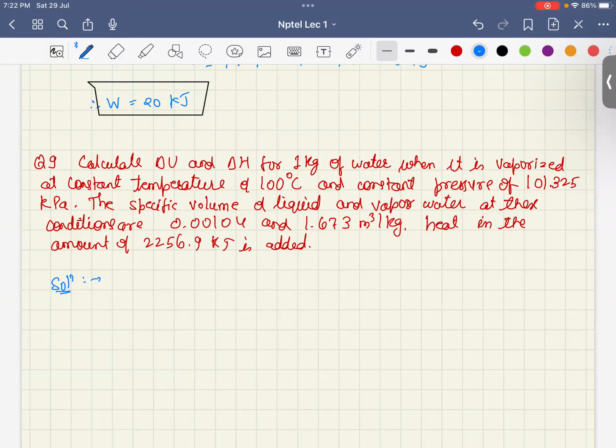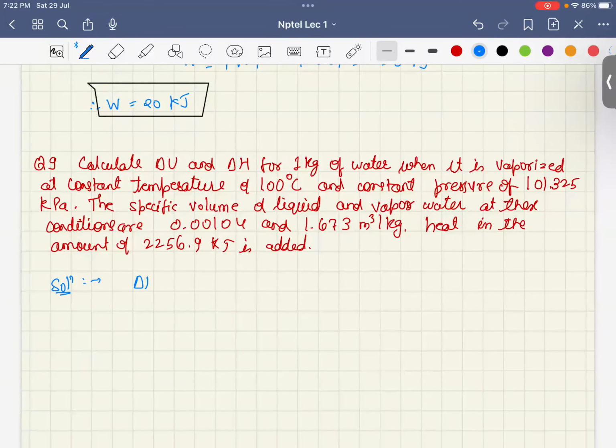We clearly know that at constant temperature and pressure, delta H is nothing but Q, change in heat, which is 2256.9 kilojoule.